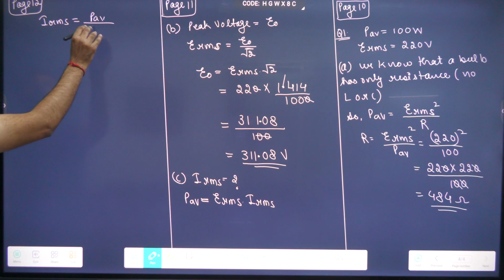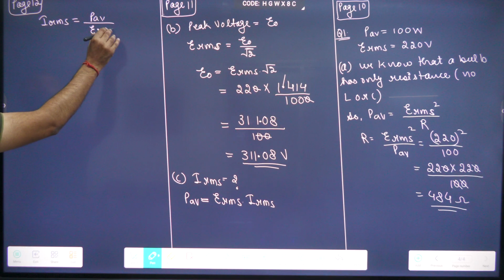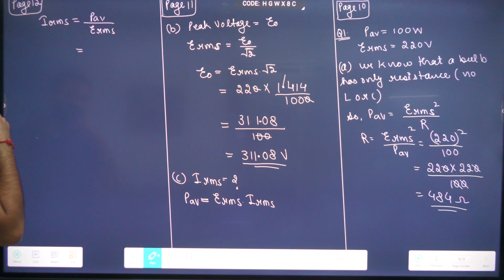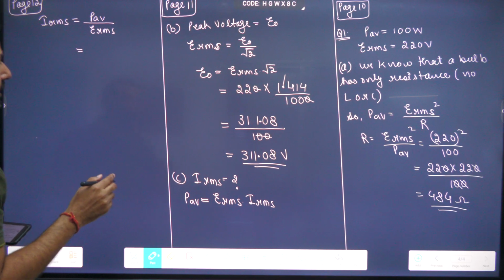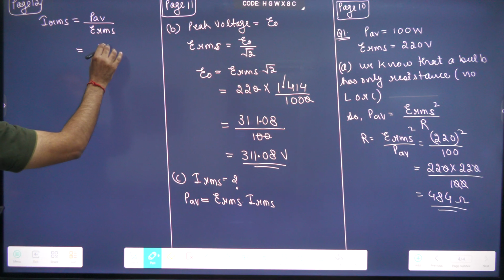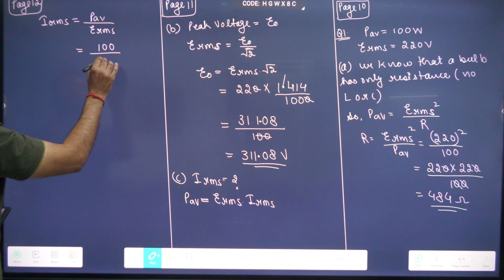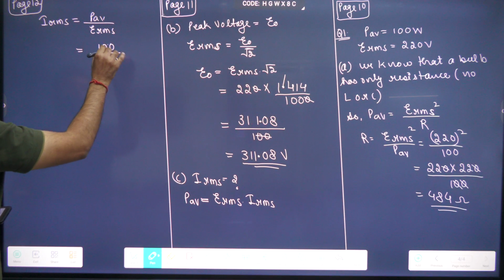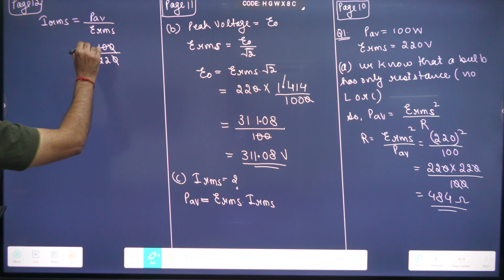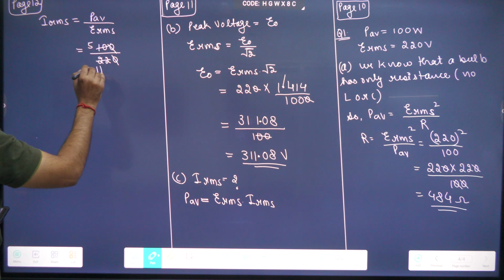is equal to P average upon ERMS. What is P average? P average is 100. And what is ERMS? It is 220. Cancel out 0 by 0, and 2 5s are 10, and 2 11s are this.